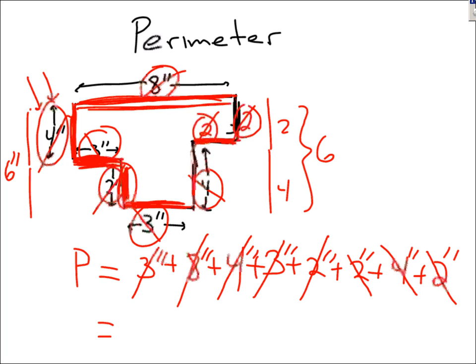So the answer is 28 inches. That's the perimeter. Okay, just add up the lengths around the figure. Where you have a line, you add it up.